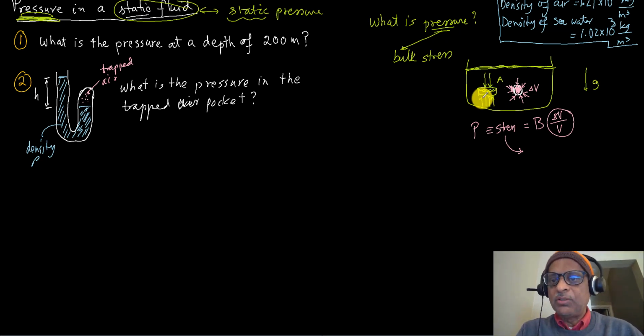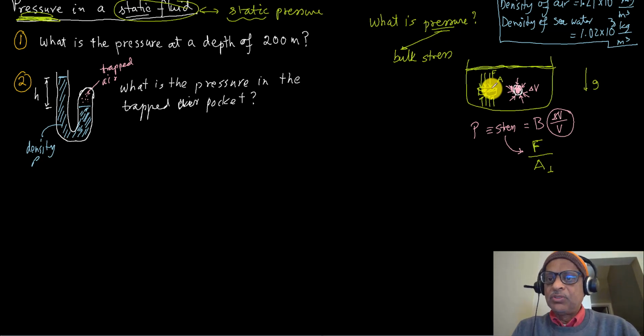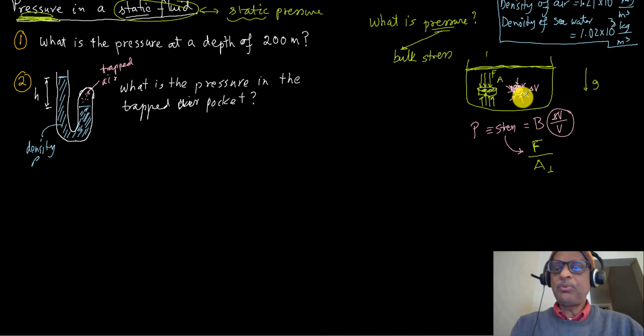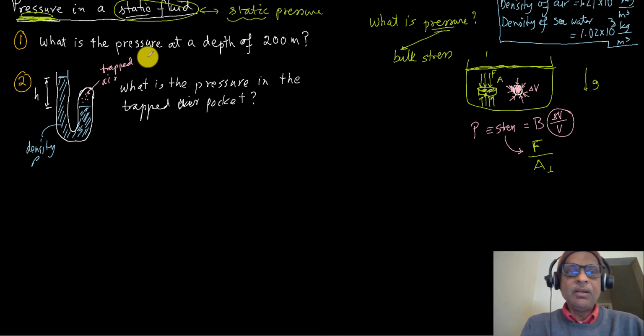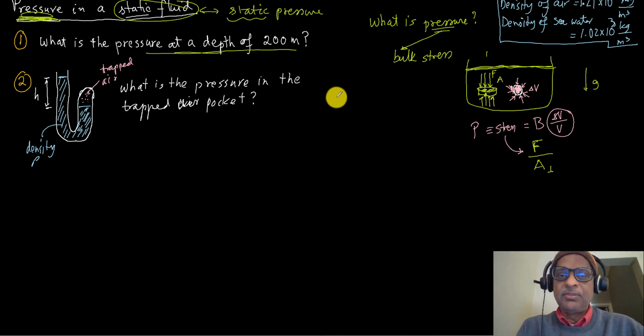They will be equal to each other, right, if it's static. So for a unit area, how much force is acting on the unit area? This will also be equal to the force acting over the area perpendicular to that force. So take an area, and all this force is acting. So in a fluid, to answer this question, we will need to figure out how much force is acting.